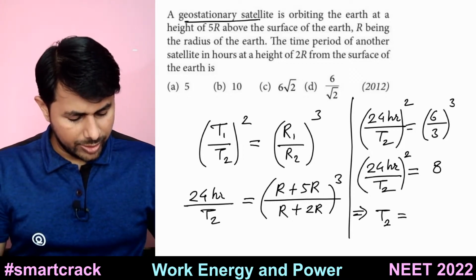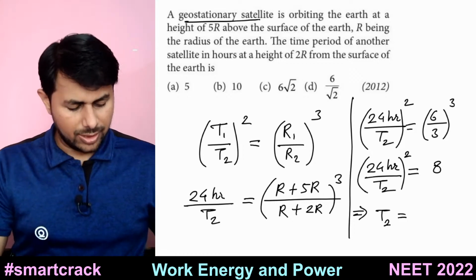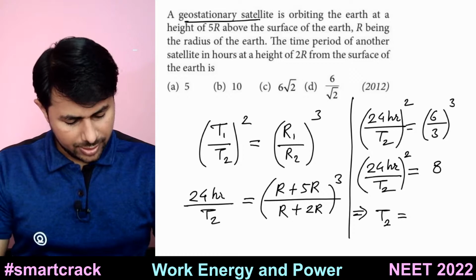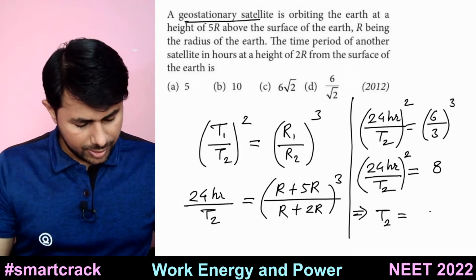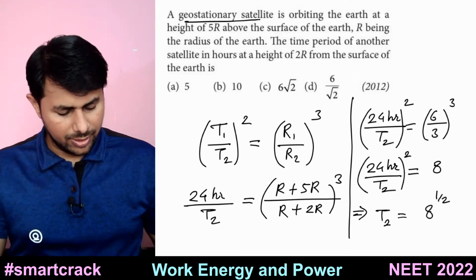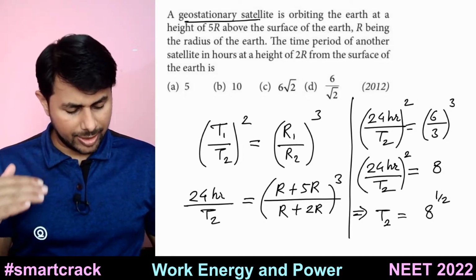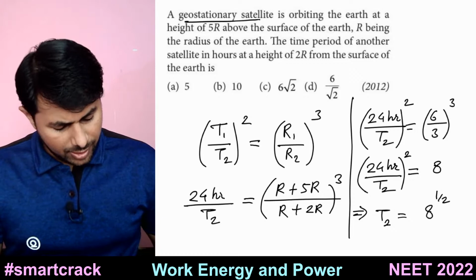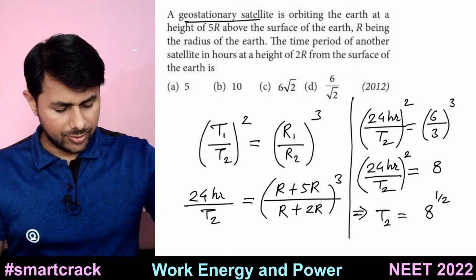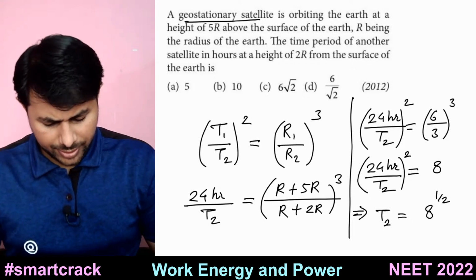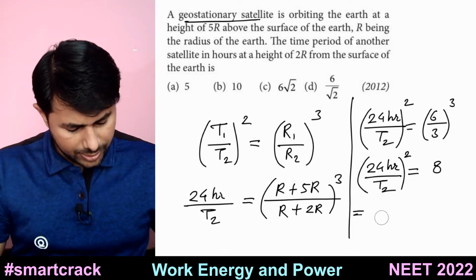So T2 will be what? Let's take the square root of 8 first. So 8 raised to half is what? 24 divided by T2. If I take that T2 on this side, that 8 will go into the denominator.